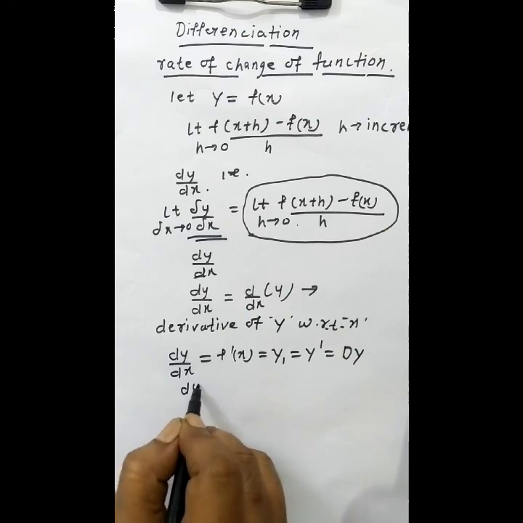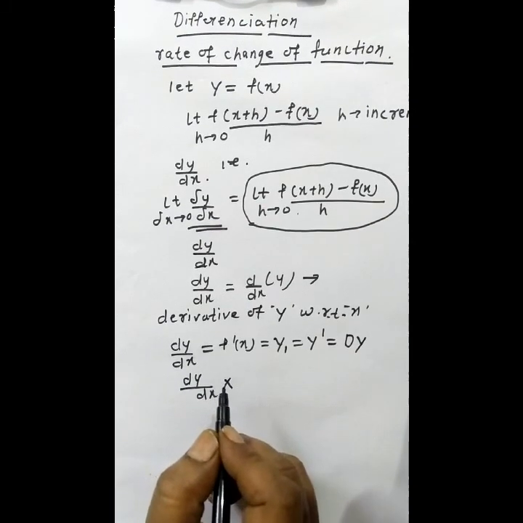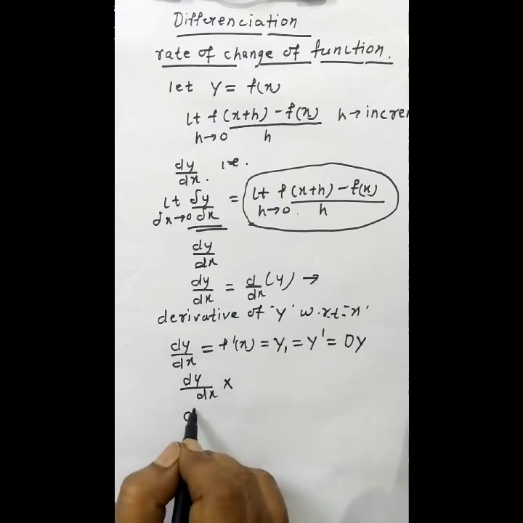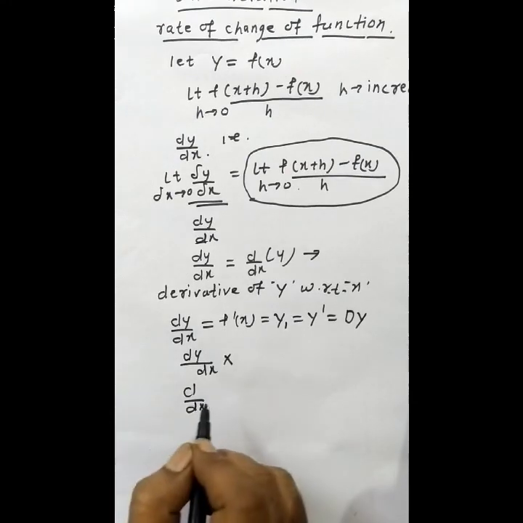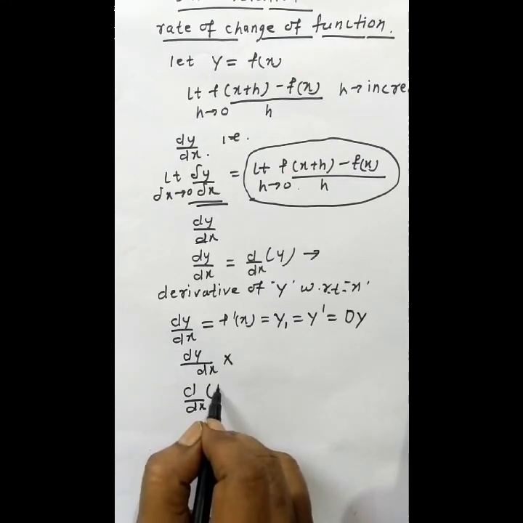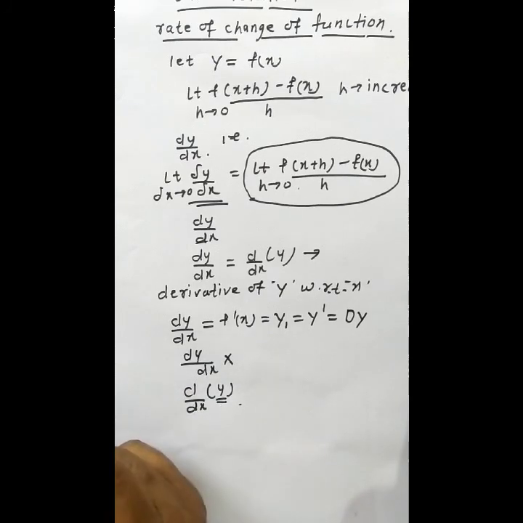If you write it like this, it is wrong. This d by dx is a single differential operator. Always you have to write one below the other, and you should go on replacing the value of y. So it is d by dx of y.